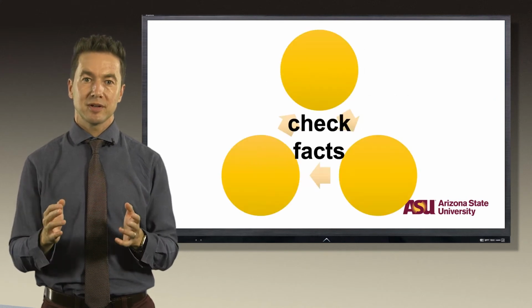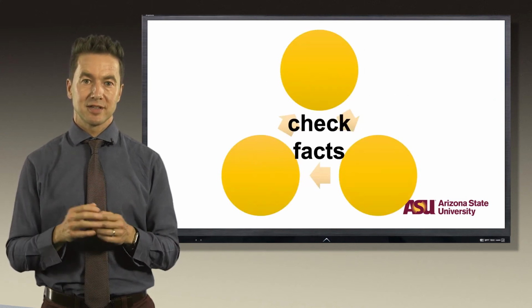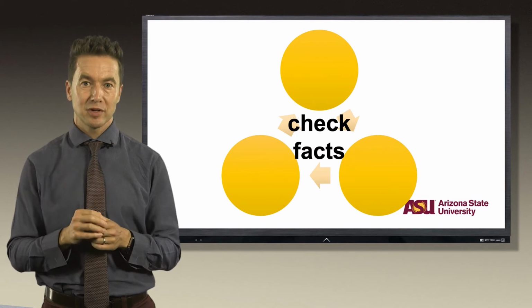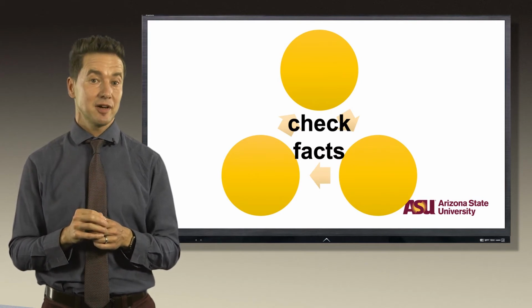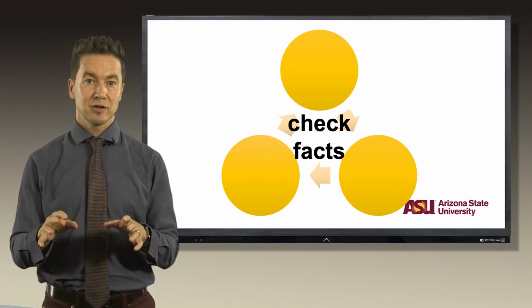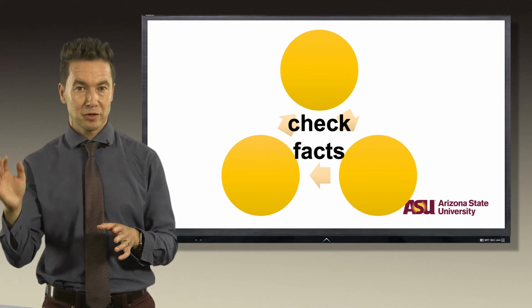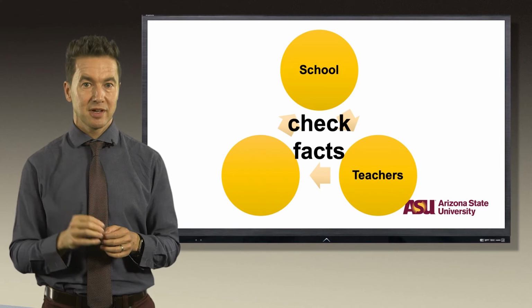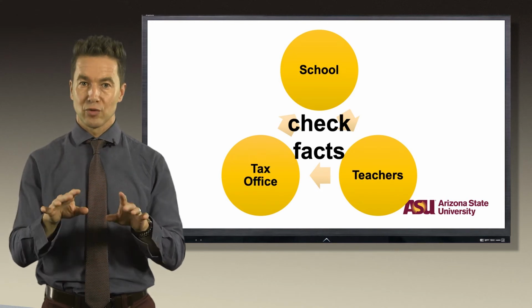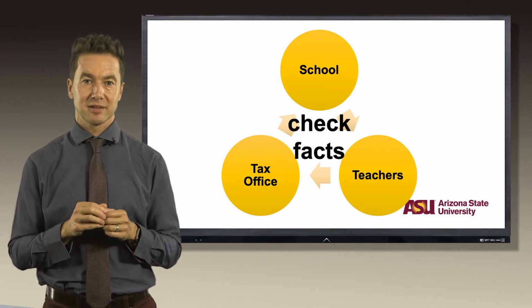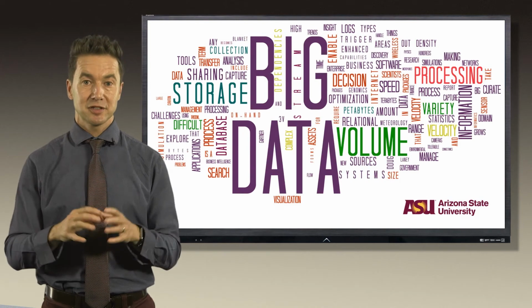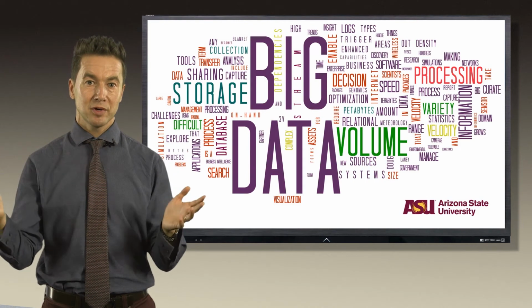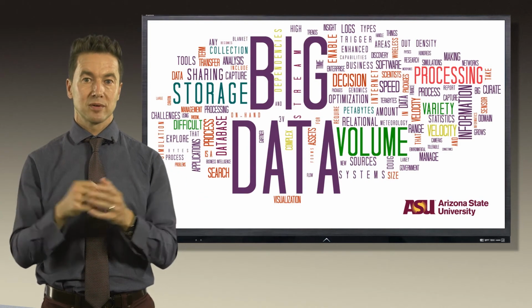Another benefit of threaded discussions is that the journalist can correct any false information she sees in the comments. She is careful to check her information with multiple sources, including the school, the teachers, and the tax office, before publishing the update.